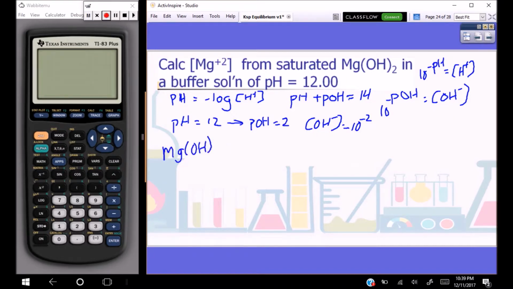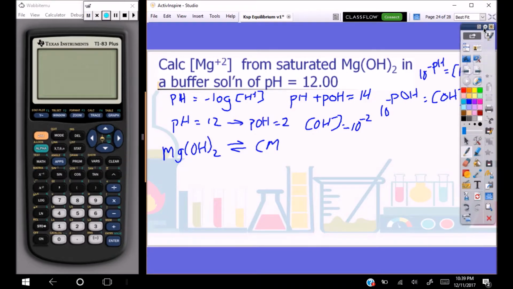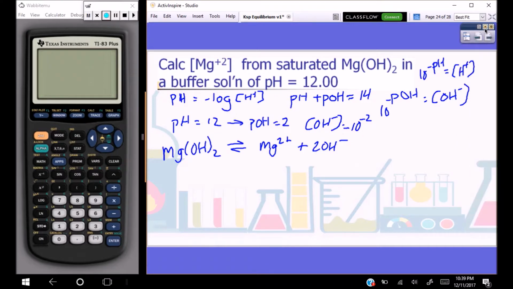We're trying to see how this dissolves. We've got our Mg2 plus and our 2 OH minuses. And then we also know that we've got our competing reaction of H plus and OH minus. Okay. Now, something we need to know for this problem is our KSP. I've gone and looked up our KSP already.